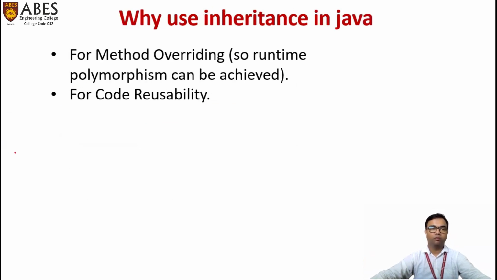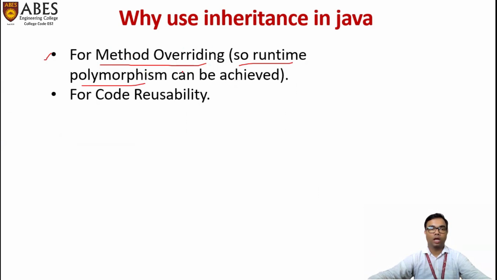So why do we use inheritance? The very first reason is method overriding, and the second is code reusability. Method overriding we have already studied; here we can achieve runtime polymorphism. Runtime polymorphism can be achieved with the help of method overriding.